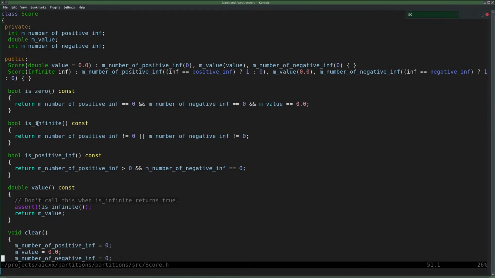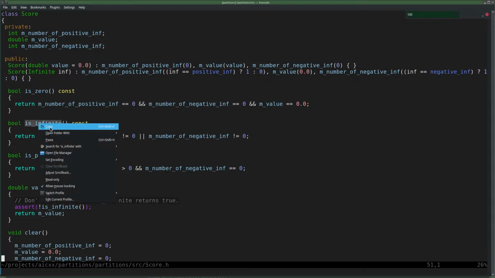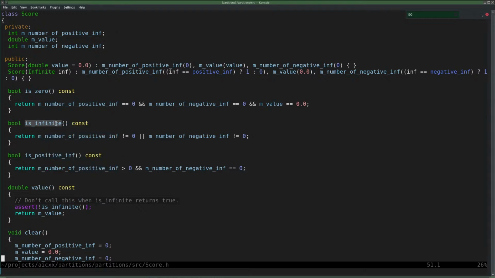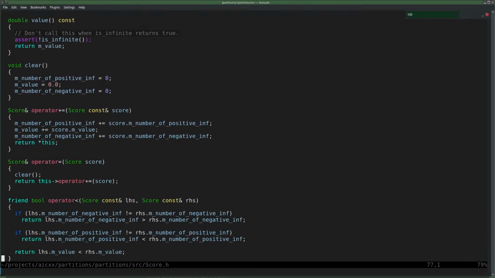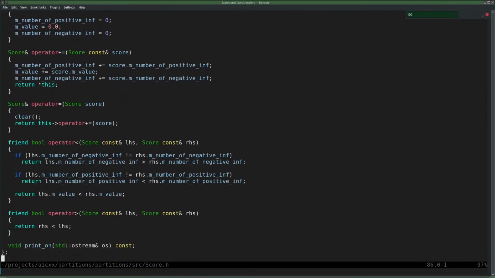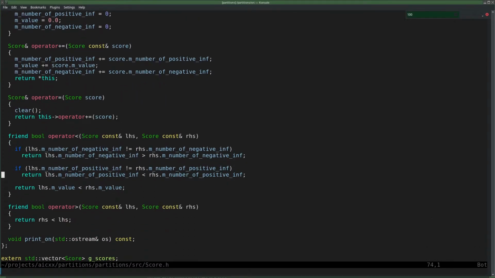That means that it is not infinite or positive infinite, I guess. Could use this one maybe.